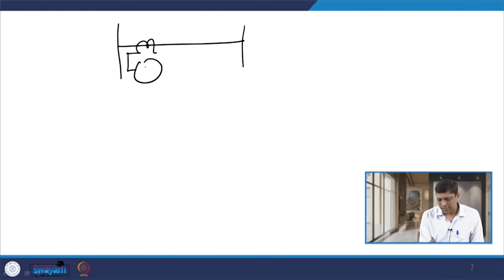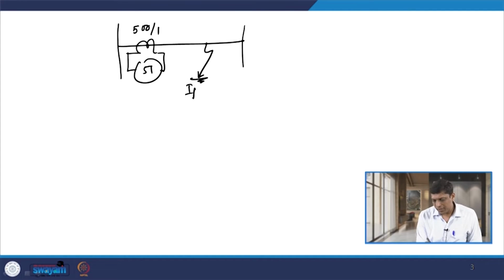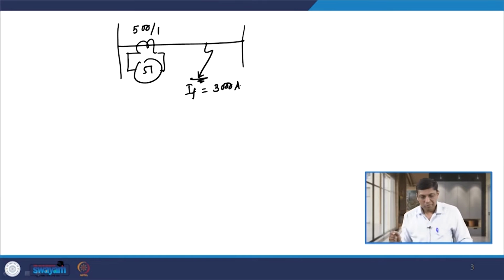Now, let us solve this example. To solve this example, let us consider the same data. Let us assume the feeder, and here the relay 51 is connected. The CT ratio given is 500 by 1, and the fault occurs on this feeder. The fault current magnitude is given as 3000 ampere.